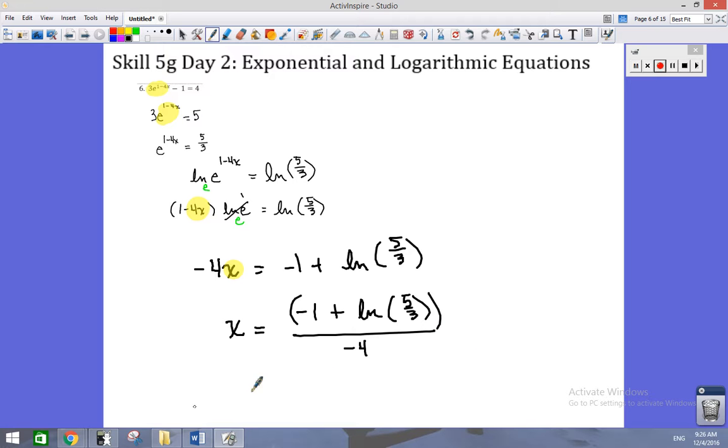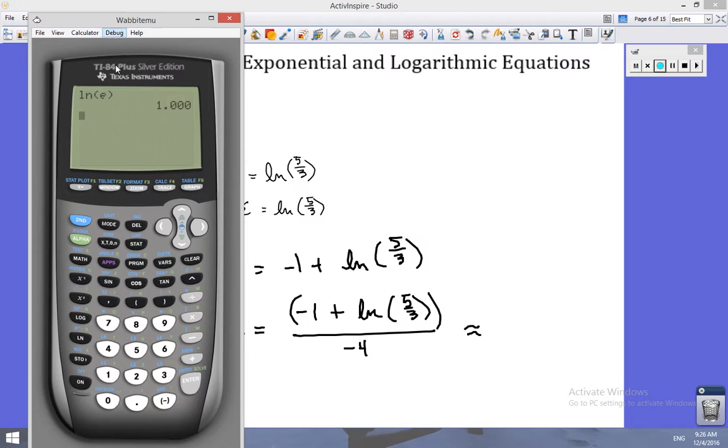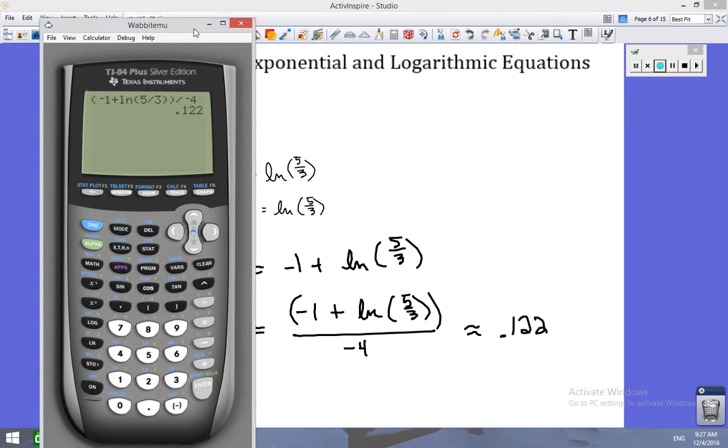Alright, so let's go and plug that. That's an exact answer. Let's go and plug that into a calculator to get a decimal approximation. Divided by negative 4. Alright, so I get 0.122. Let's see, is it easy to plug in?